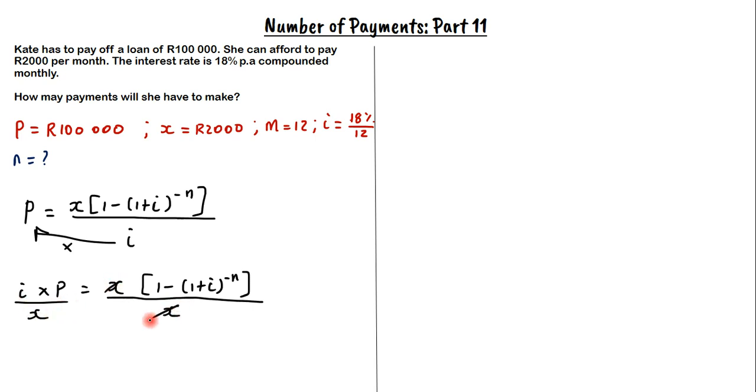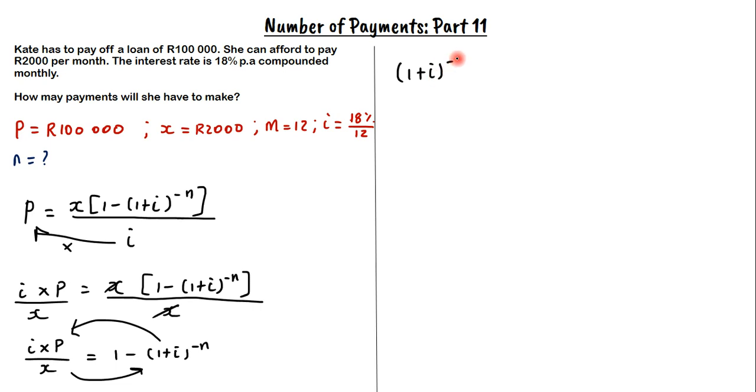By doing that, I have i times P over x equals 1 minus (1 plus i) to the power of minus n. Then I'm going to take this value to that side, and this one to this side. This was first negative, so across it becomes positive. I still have minus n because the power doesn't change, and this will equal 1 minus i times P over x.